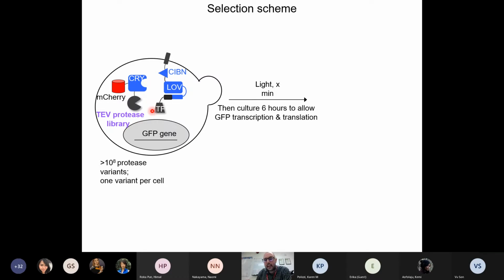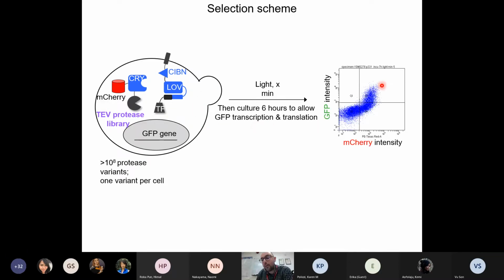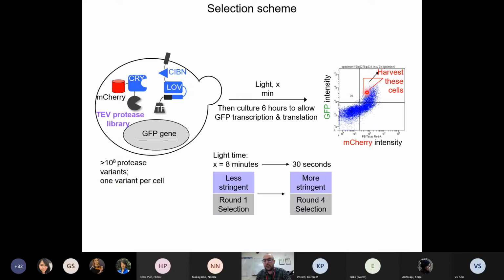Then I'm going to shine light, and I'm going to culture the yeast in dark conditions to allow the GFP transcription and translation. And I'm always going to harvest the brightest yeast. My selection scheme is to decrease the amount of time that I shine blue light.